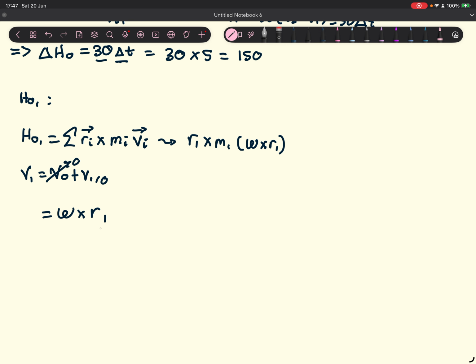If point O had its own velocity, then you wouldn't remove that. But because VO is 0, it simplifies to just omega crossed with R1. Then you do this for each and every point, and you'd be able to find HO. So we have all the values for this case.